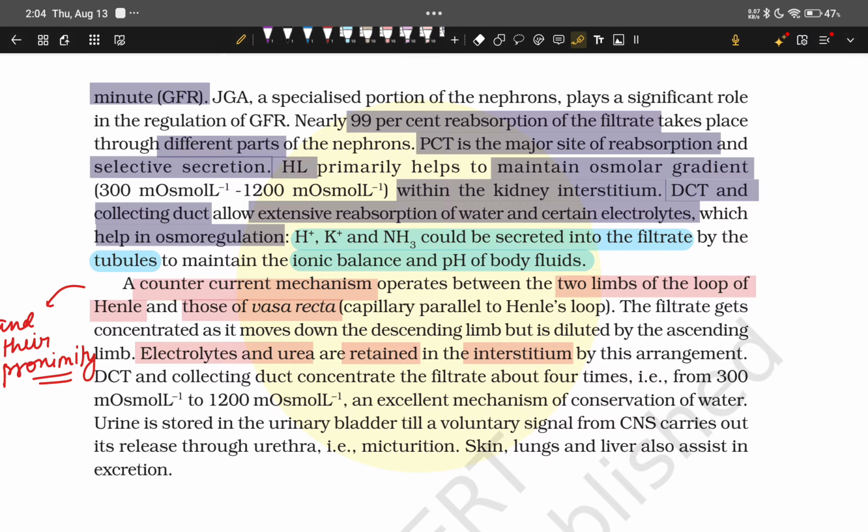Specifically, the ascending limb of loop of Henle is maintaining the osmolarity gradient within the kidney interstitium. DCT and collecting duct allow extensive reabsorption of water and certain electrolytes. Collecting duct allows reabsorption of water and also sends urea into the medullary interstitium.